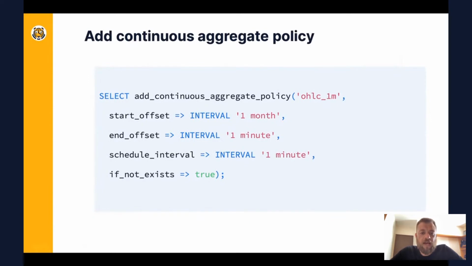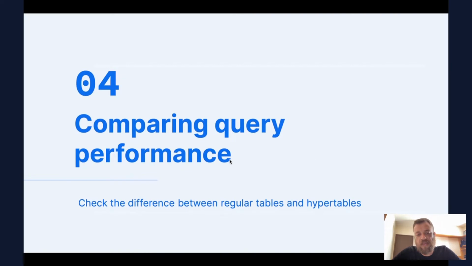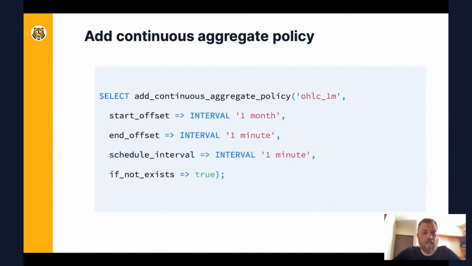We also create a continuous aggregate policy. This is like a background refresh that keeps moving data. So I say from the last month of data to the last minute, just go and refresh this data on the materialized view. And it will keep refreshing every 1 minute. That's exactly what we want.